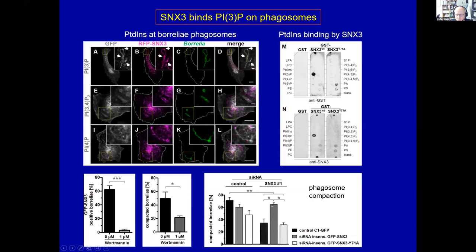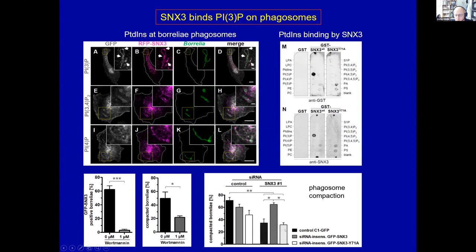And he could really nicely show that by depleting cells of SNCS3 internally, you get a reduction by about 50% in compaction. If you re-express the SNCS3 by an siRNA insensitive construct that is not hit by these siRNAs, you get a full reconstitution to normal levels of compaction.